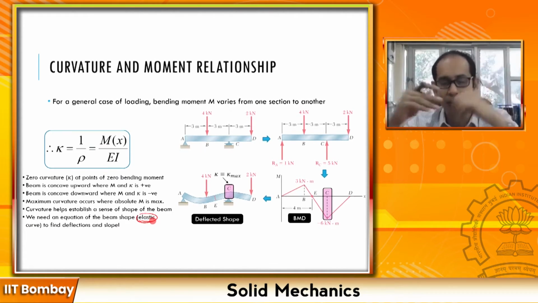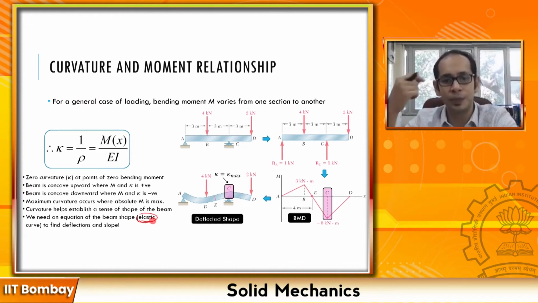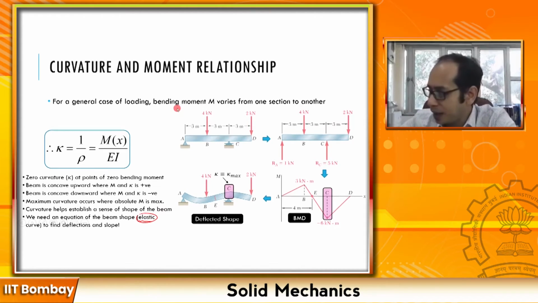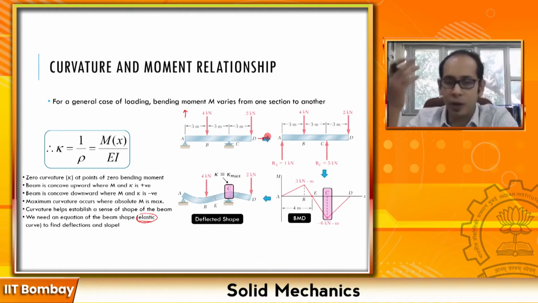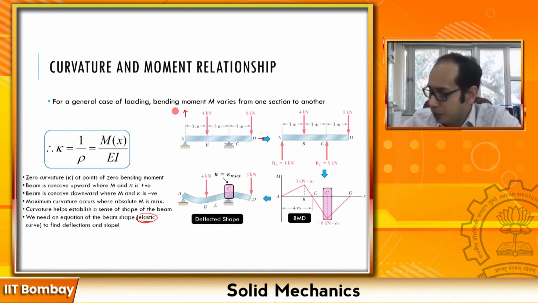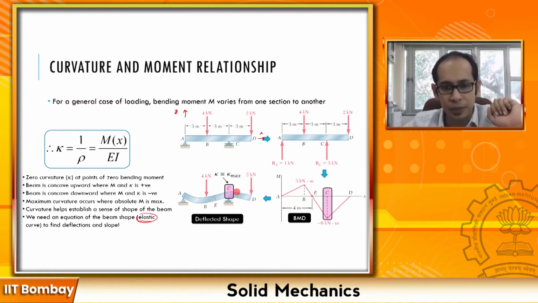Once you get a formula, see here in this beam, your y-axis points vertically up and your x-axis is about here. As long as you get a relationship between y and x, that will give you the deflection along x, and along with the deflection it will give you the slopes. So what is the slope here, and slope here, and so on.